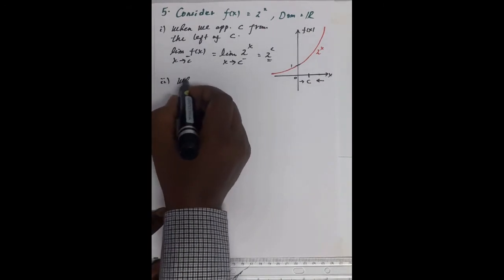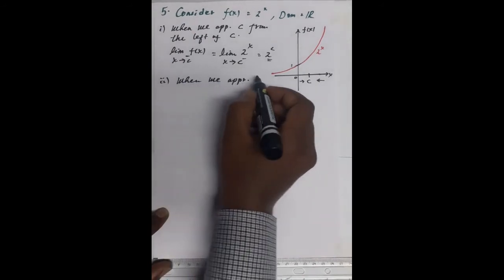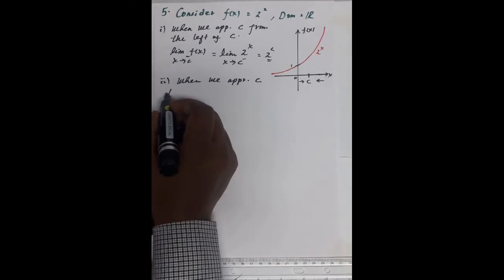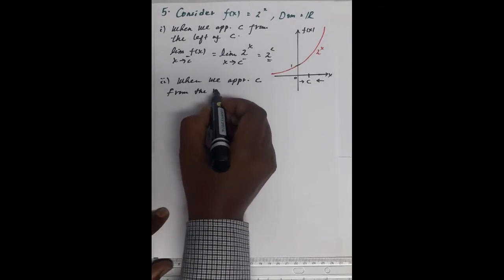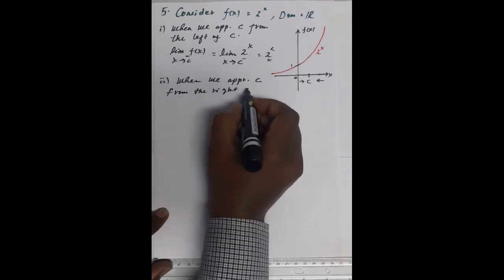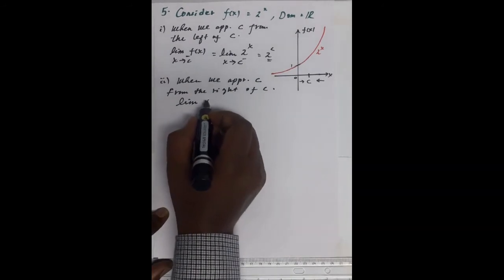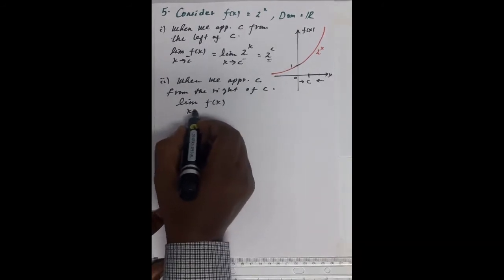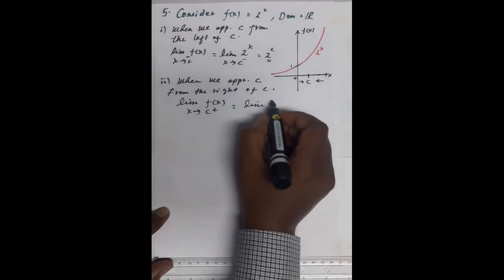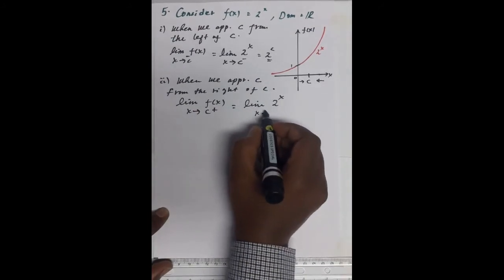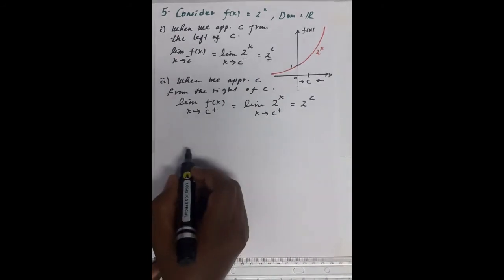When we approach c from the right of c, the limit of the function f of x as x approaches c from the right is equal to the limit of 2 to the power of x from the right, which is equal to 2 to the power of c.